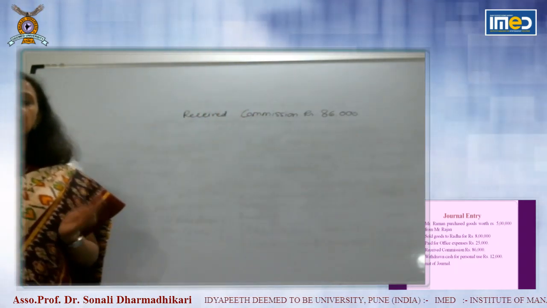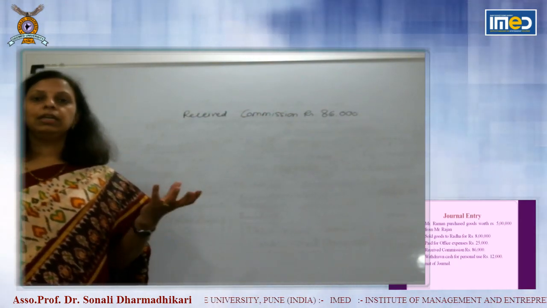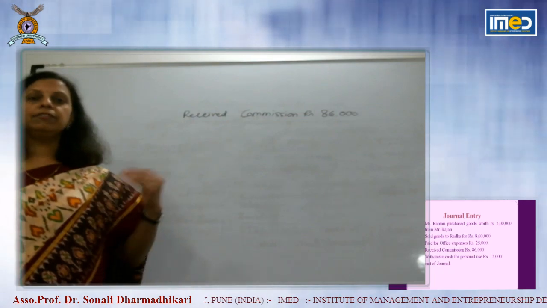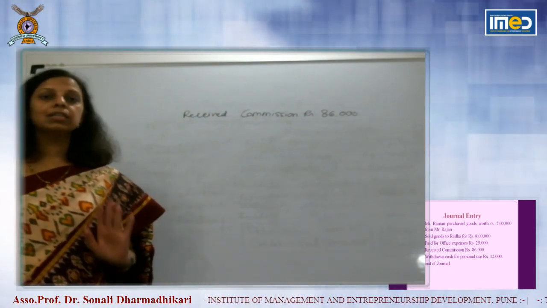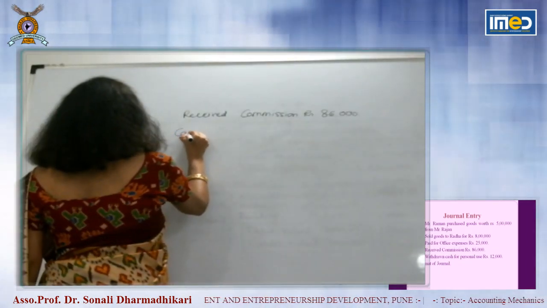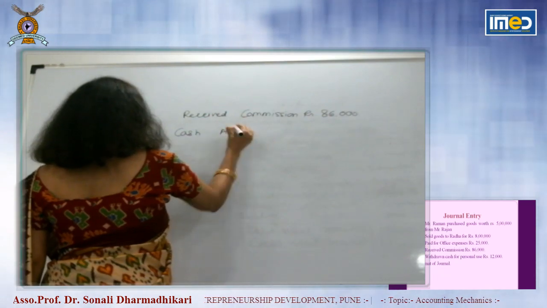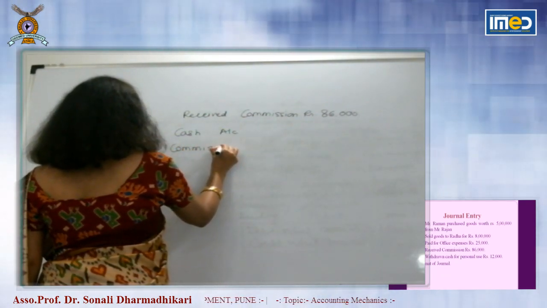Now again, cash account is implied. It will not be mentioned in the transaction. Whenever expense is paid or income is received, cash account is implied. So what are the two accounts involved? Cash account, commission account.